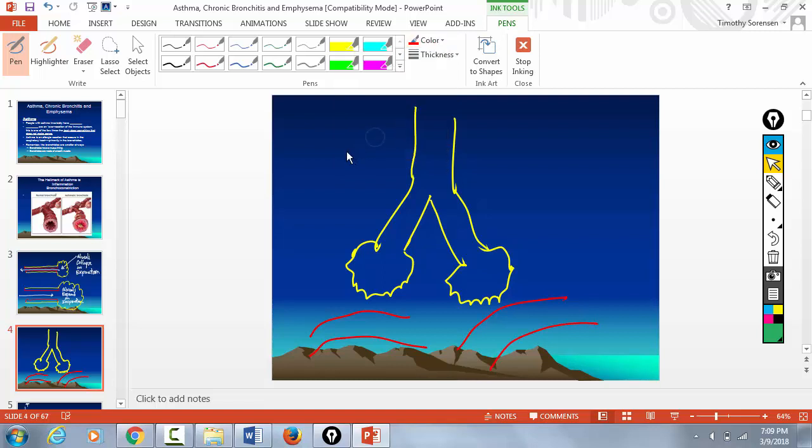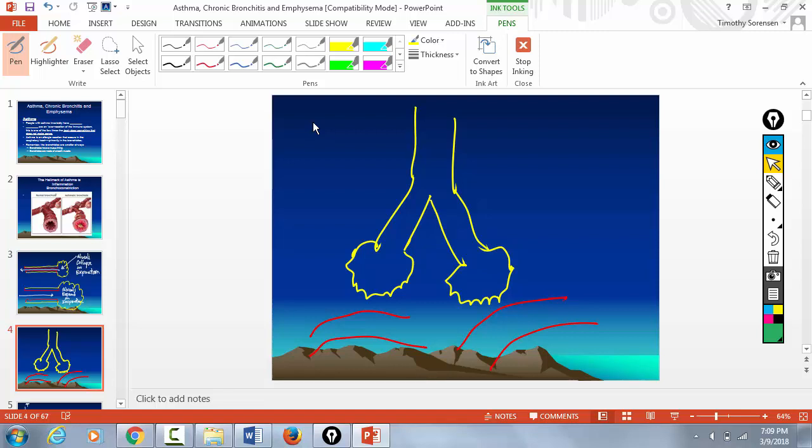All right, so watch. Chronic bronchitis, watch. The hallmark of chronic bronchitis is paralyzed cilia and hypertrophy of goblet cells. What does hypertrophy mean? No, that's atrophy. Hypertrophy means it gets bigger, right? So these people got giant goblet cells, and what do goblet cells produce? Mucus, right?